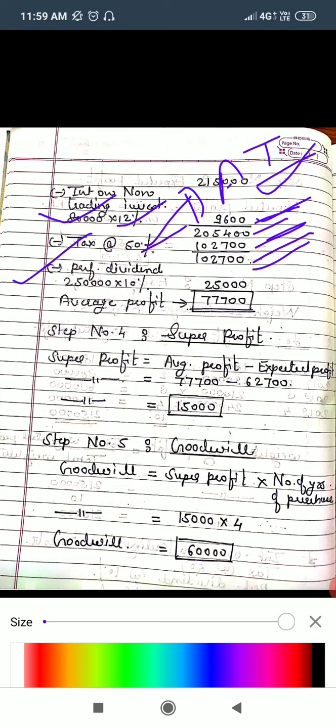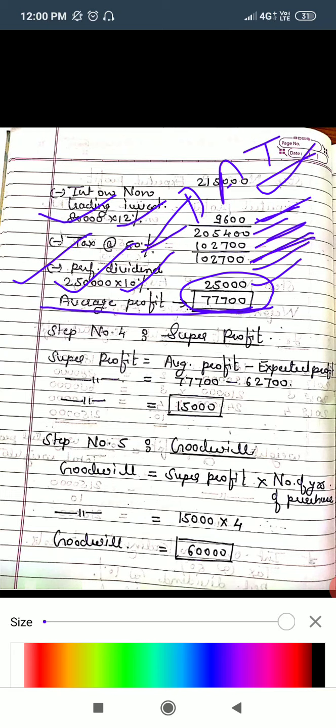It is again there in your balance sheet: 10% preference dividend on rupees 2,50,000. So 2,50,000 into 10%, you have to make the payment of 25,000. If you deduct this from your profit after tax, you will now get the average profit of rupees 77,700. Okay, here we are completing our step number 3.